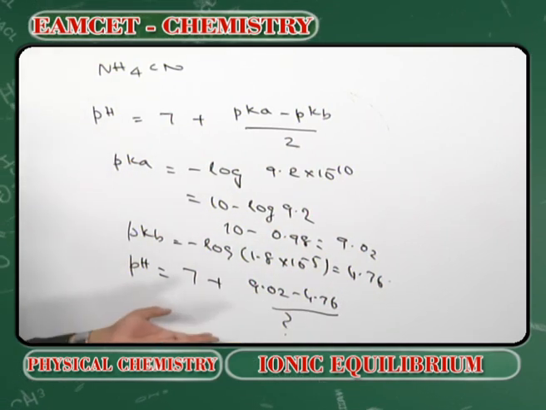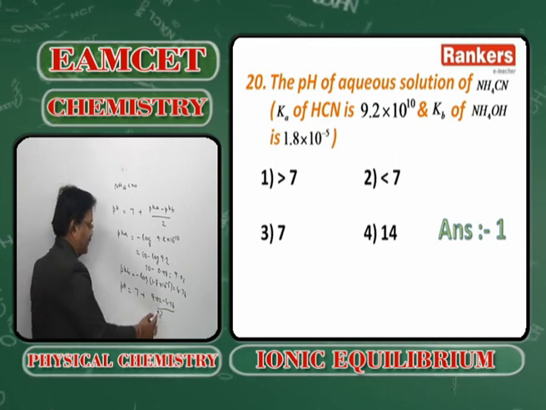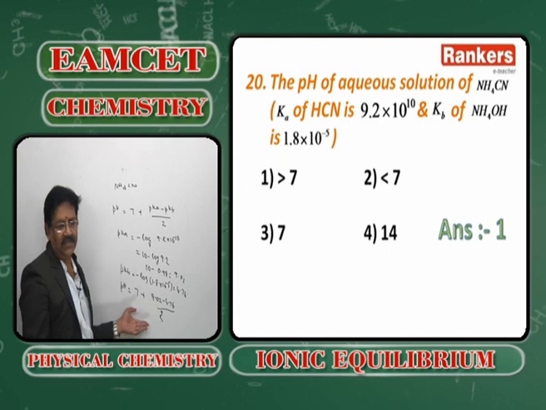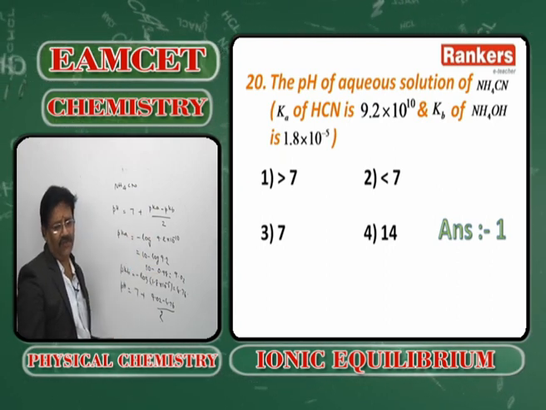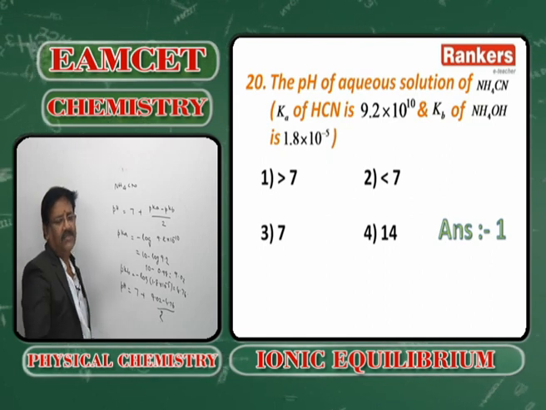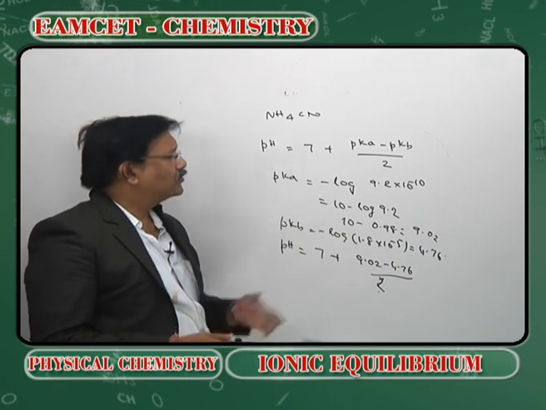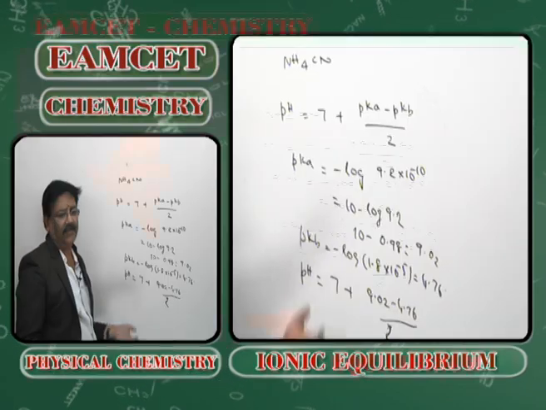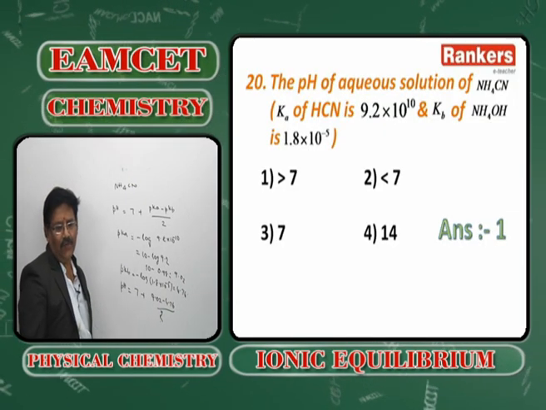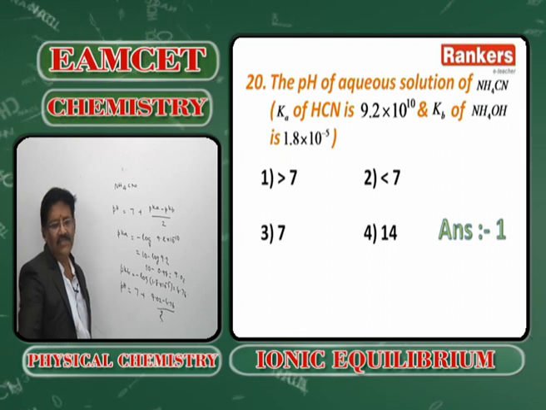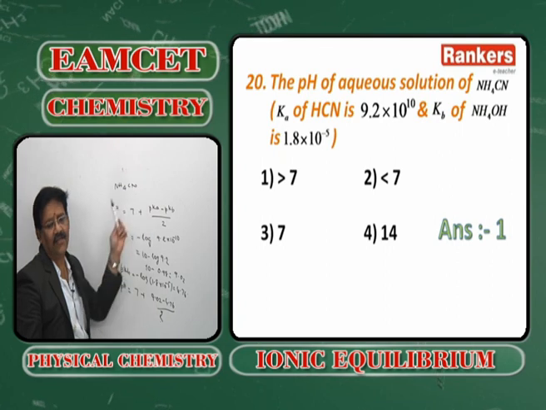Certainly it is greater than 7. We need not do all this calculation, because in the question they did not specifically ask for the pH value. So for academic sake we have derived that. But what is the small hint there? Since the Ka value is less than the Kb value, it is a salt derived from a weak acid and a weak base.